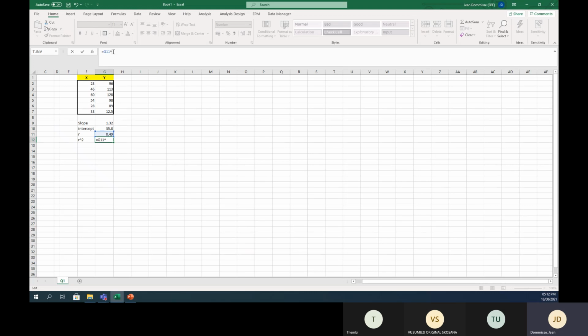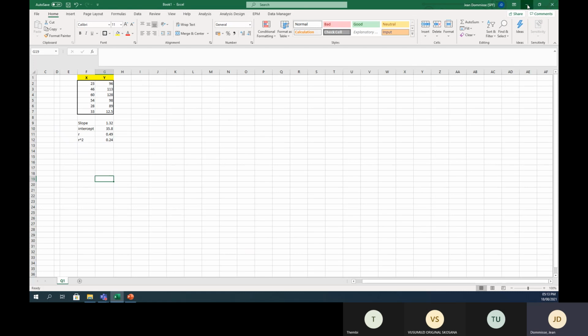I'm just worried that it sees it as multi. Let's just test it. Okay, cool. So we have the slope, the intercept, R and R squared.